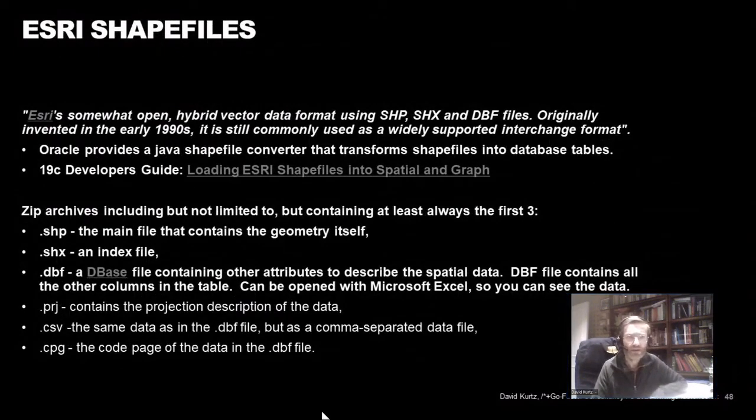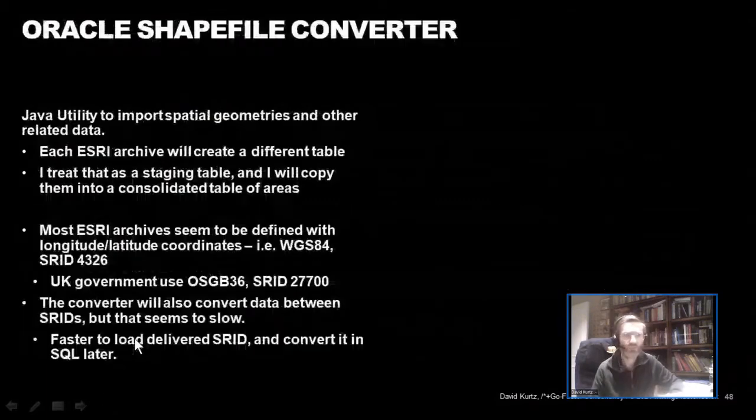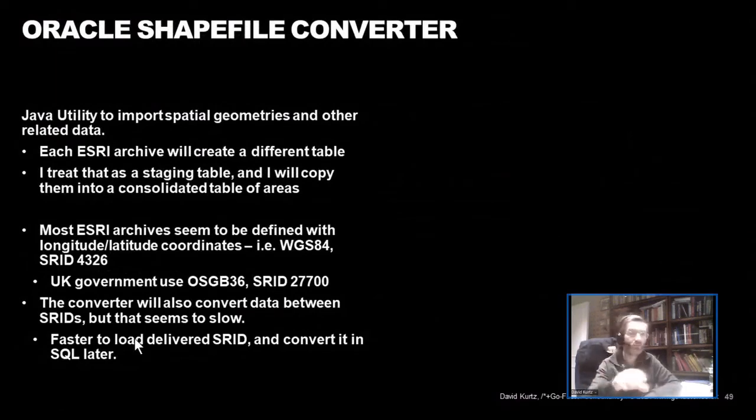And that's a zip archive. It has a shapefile, which is the geometry. It has a DBF file, which is the database, the information you're going to load. And you also get the projection sometimes and the code page. And Oracle provides this Java utility to load those ESRI files up into spatial geometries in a table.